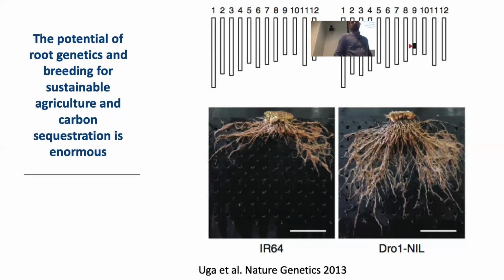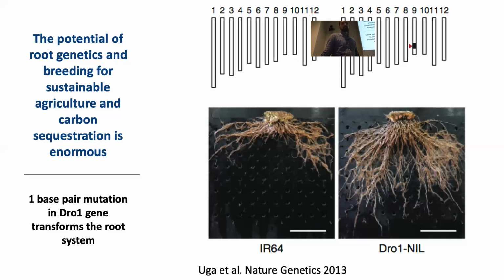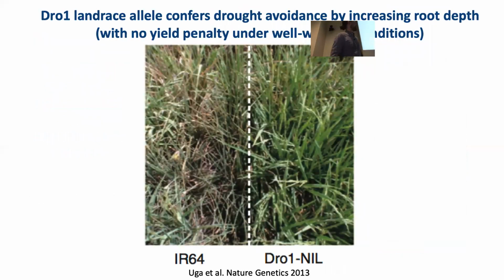You can see the architectural changes and just the biomass change. Turns out there was a stop codon in the breeding line here. So if you ameliorate that mutation, you get a huge yield benefit under dry conditions. And in many conditions, there's not a yield penalty for this.